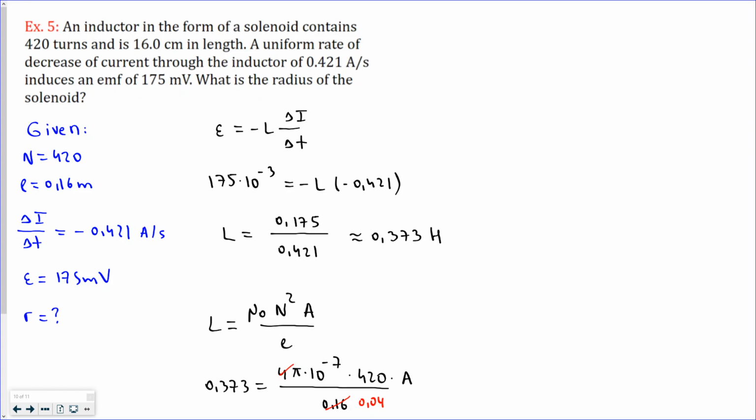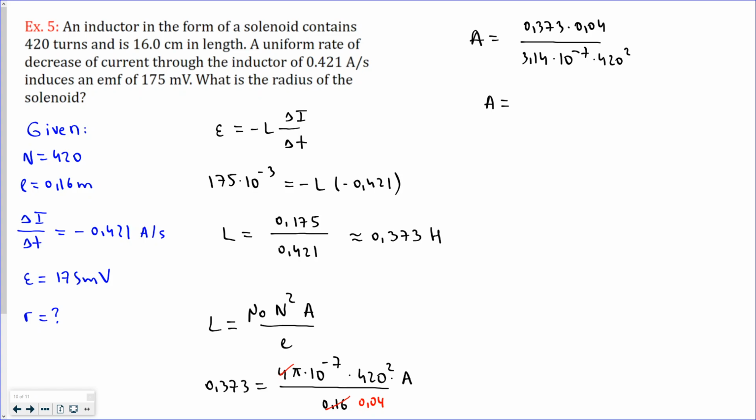Let's calculate the area here. Area is equal to 0.373 multiplied by 0.04 over pi, which is 3.14, times 10 to the minus 7, here I forgot the square, 420 squared.